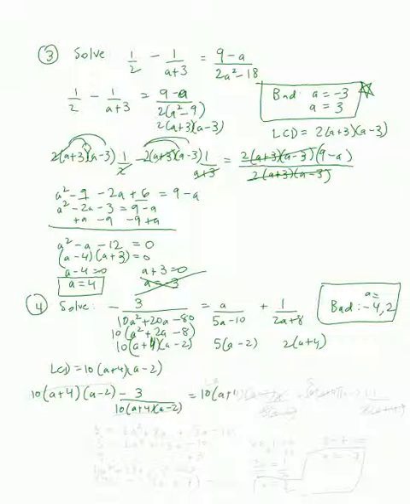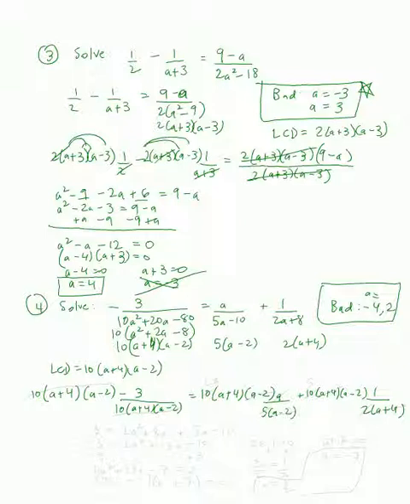We have 10, a plus 4, a minus 2, and then we still have an a over 5, a minus 2, plus 10, a plus 4, a minus 2, times 1 over 2, a plus 4.